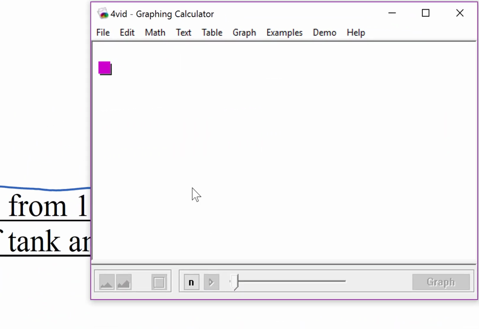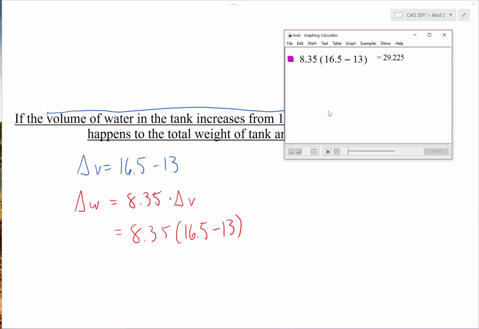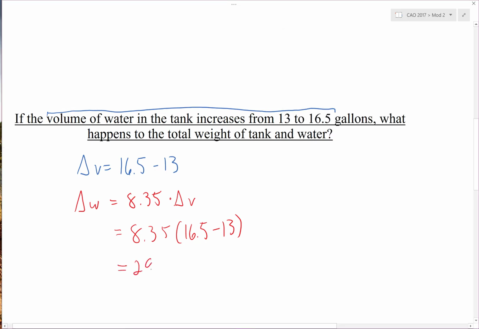So if we compute that value, we see that this value is equal to 29.225. So this corresponding change in weight is equal to 29.225. So what we can say is, as the volume of water in the tank increases from 13 to 16.5 gallons, the weight of tank and water changes by 29.225 pounds.